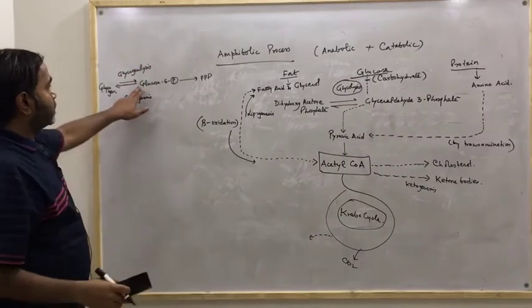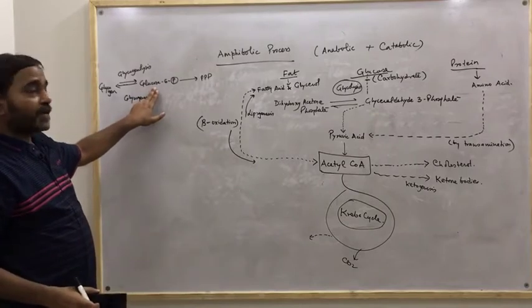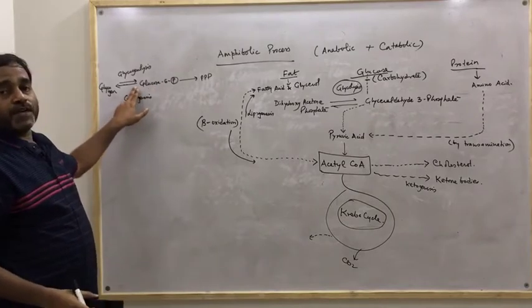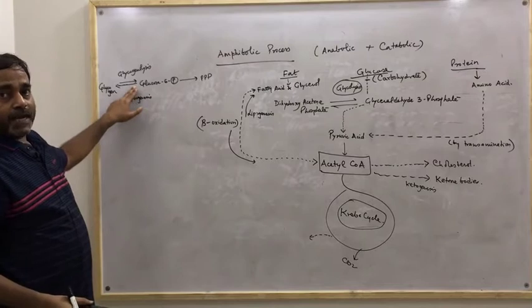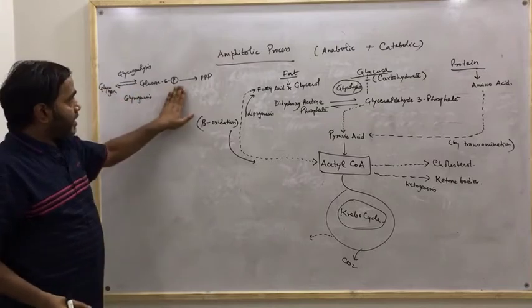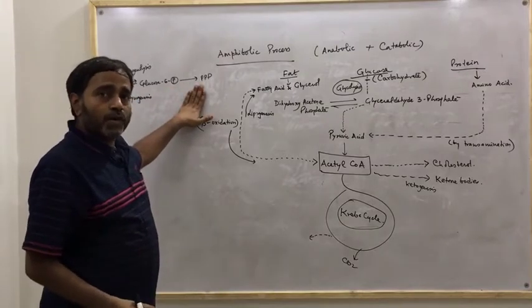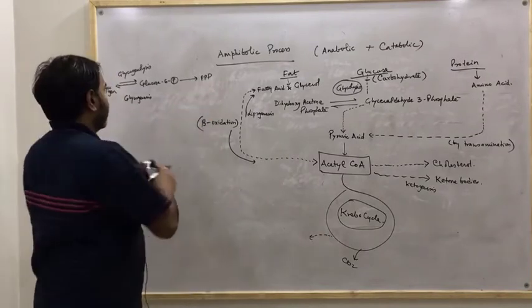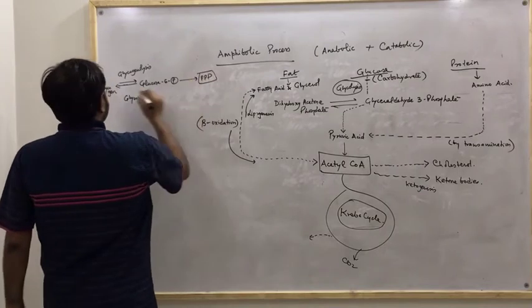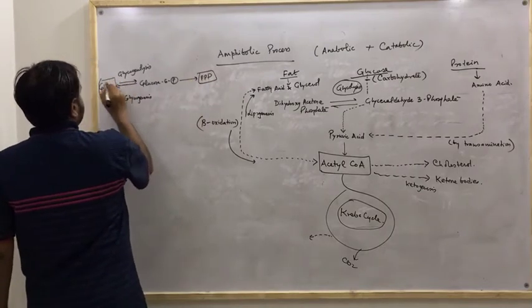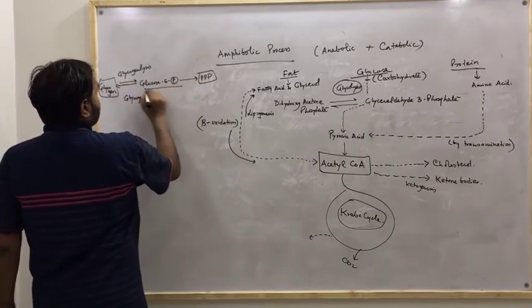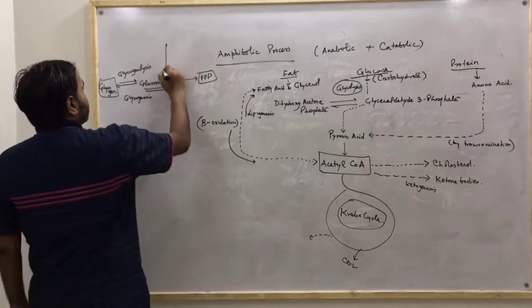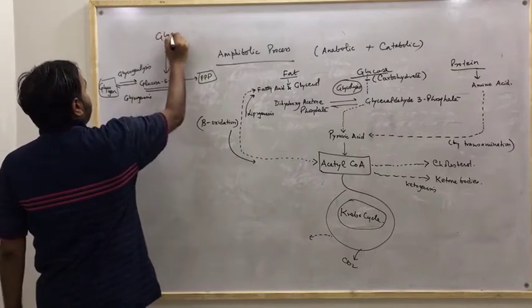And I already told you that after glucose 6-phosphate, glucose 1-phosphate will be formed, which finally enters into glycogenesis. And here 6-phosphogluconolactone will be formed, and this will enter into the pentose phosphate pathway. So these are the two important pathways related to this step of glycolysis, because this is getting formed from glucose.